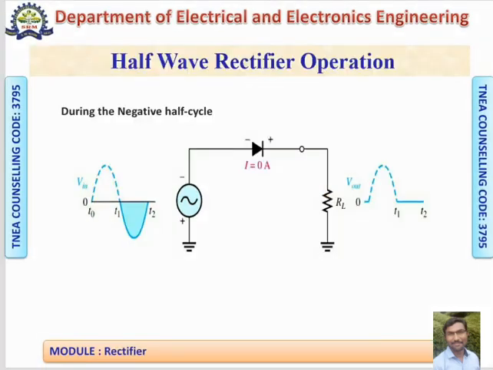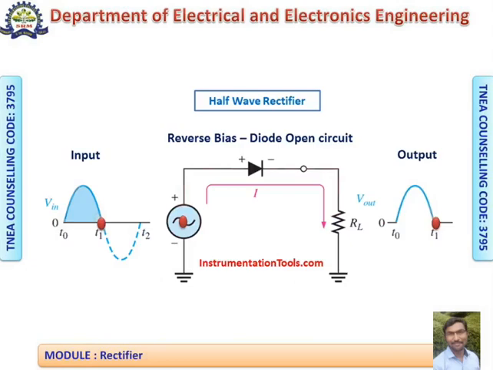During the negative half cycle, that is from time interval t1 to t2, the anode terminal of the diode will be negative and the cathode terminal of the diode will be positive. Hence, the diode will be in reverse bias condition.